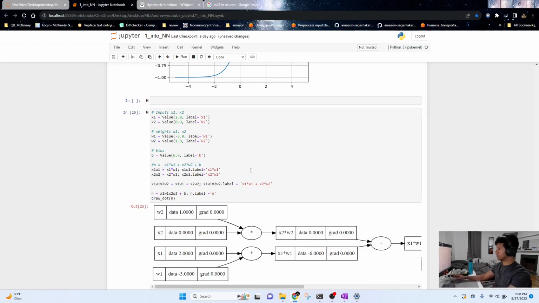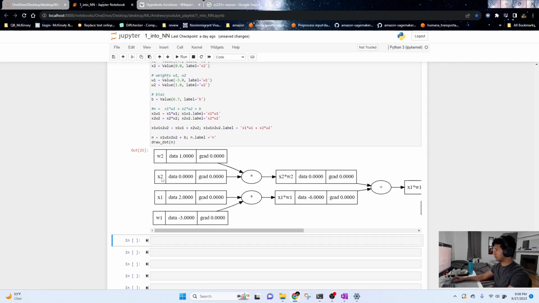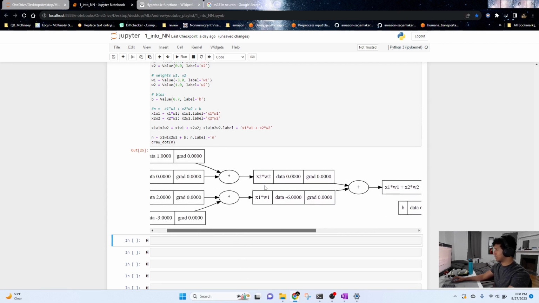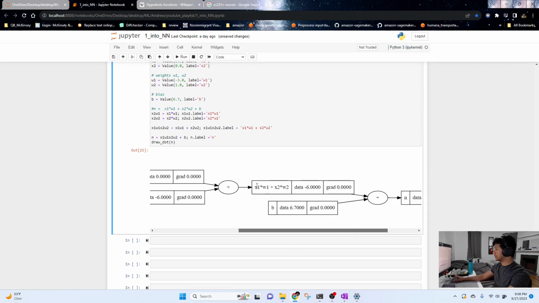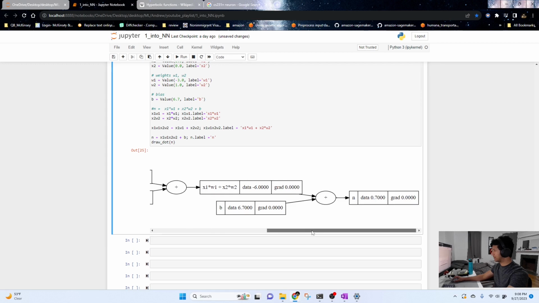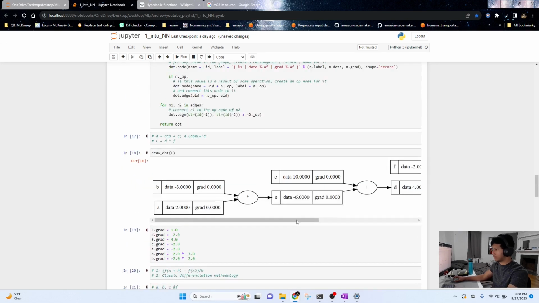If I draw this, we can see that x1, x2, w1, w2 are multiplied to give x1w1 and x2w2. Then we add x1w1 and x2w2 with the addition symbol, and later add the bias to it. So this is just a normal equation like we did in the past, where we multiplied and added.